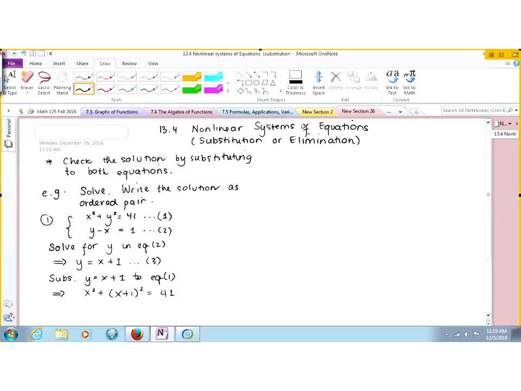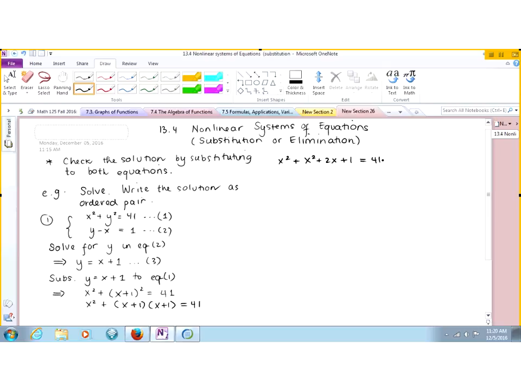This is (x plus 1)(x plus 1), so you could do that first if you want. Then we'll have x squared plus 2x plus 1 is 41.